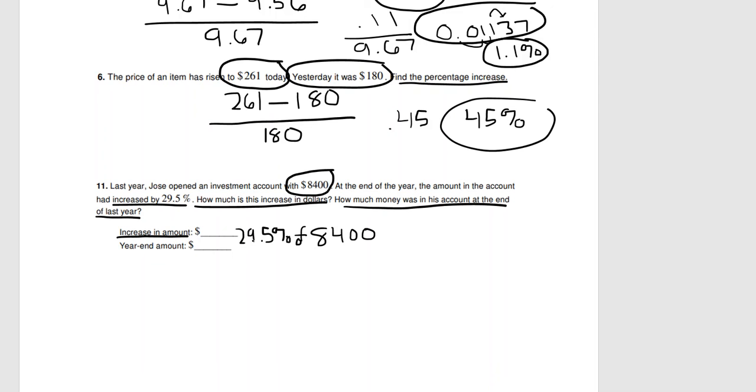Remember, to find a percent of a number, you change the percent to a decimal by moving the decimal 2 places to the left. We can take away the percent sign. So this would change to 0.295. Of means times, and then we have 8,400. So if we take 0.295 and we multiply by 8,400, that is going to give us our increase in amount.